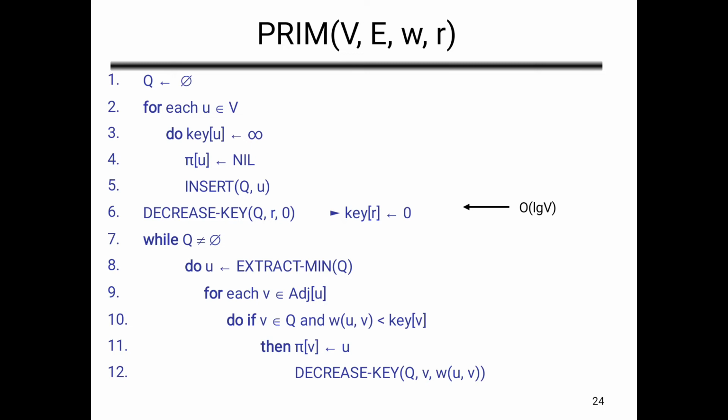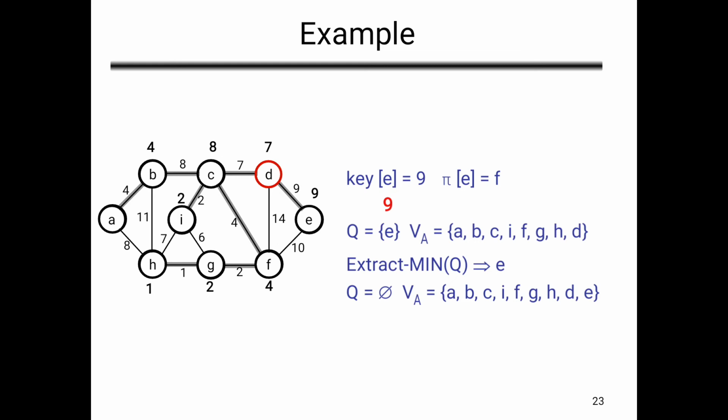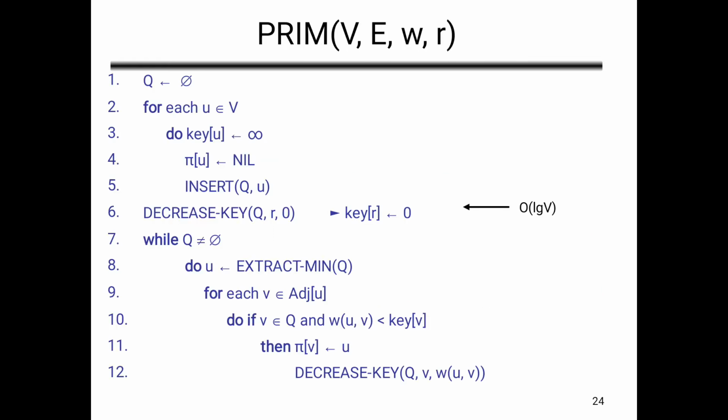And the main algorithm is here. Q is initially empty, that means null. For each U belongs to V, U means if you take the diagram, A to B, I am putting here U and V as A and B separately. So U belongs to V. If the key is infinity, that means the source node is not directly connected to the selected node, that's why I am putting here infinity.